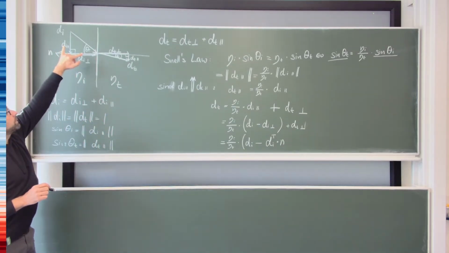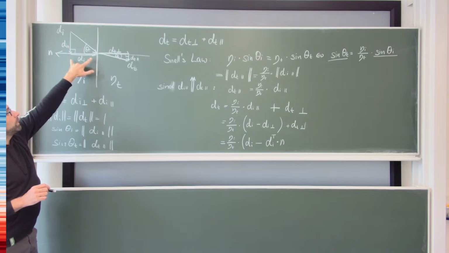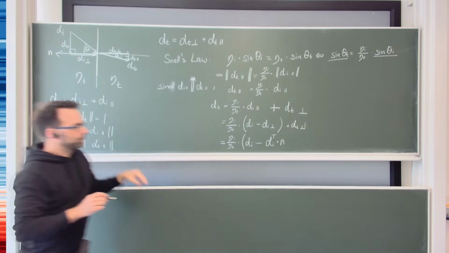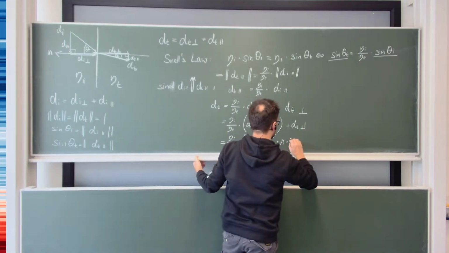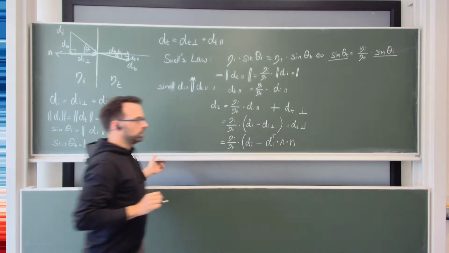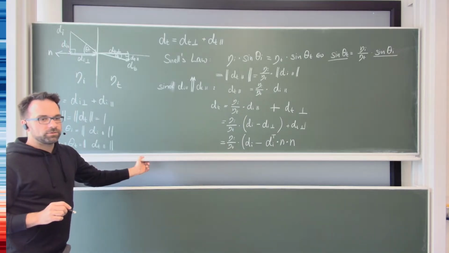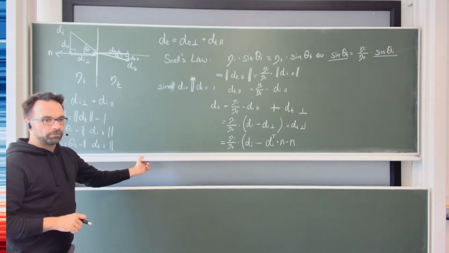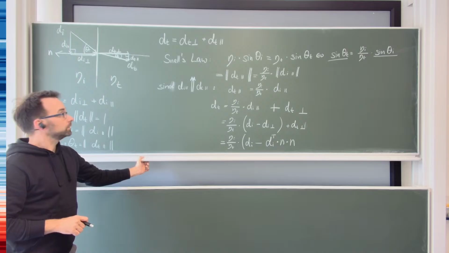Di transpose multiplied with a normal yields the length, that is the dot product. And if I multiply it with a normal, I get the vector along the normal. Right?